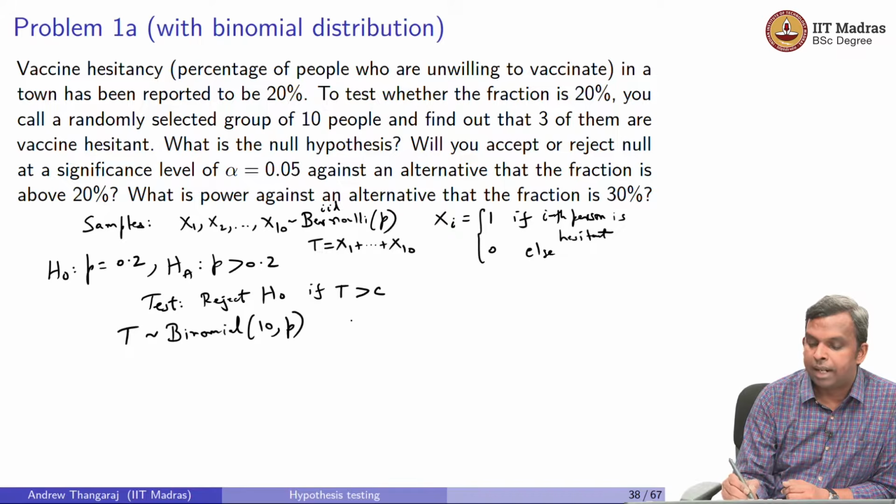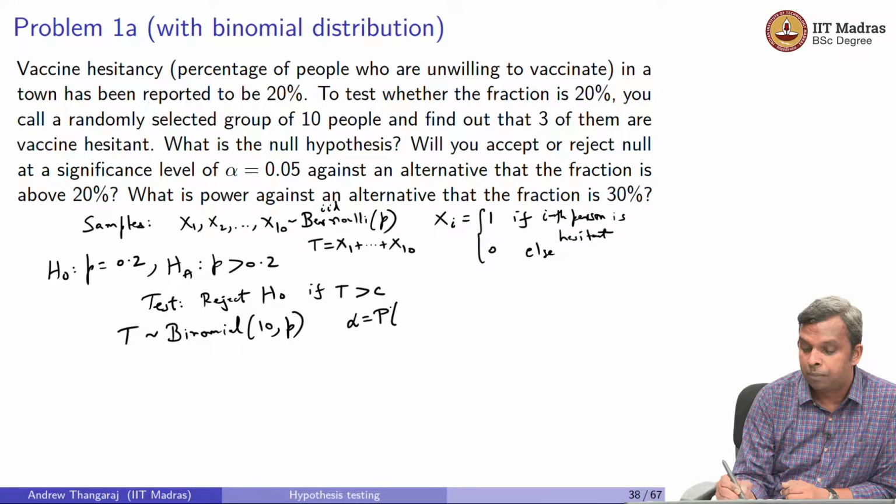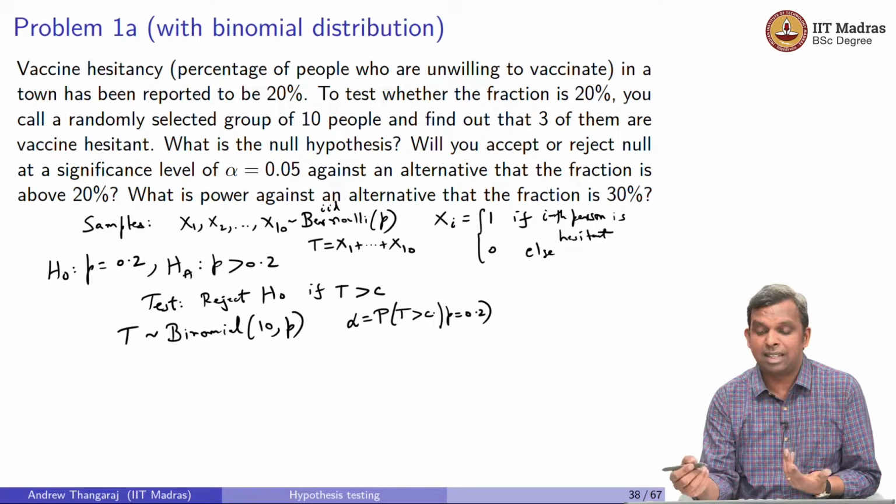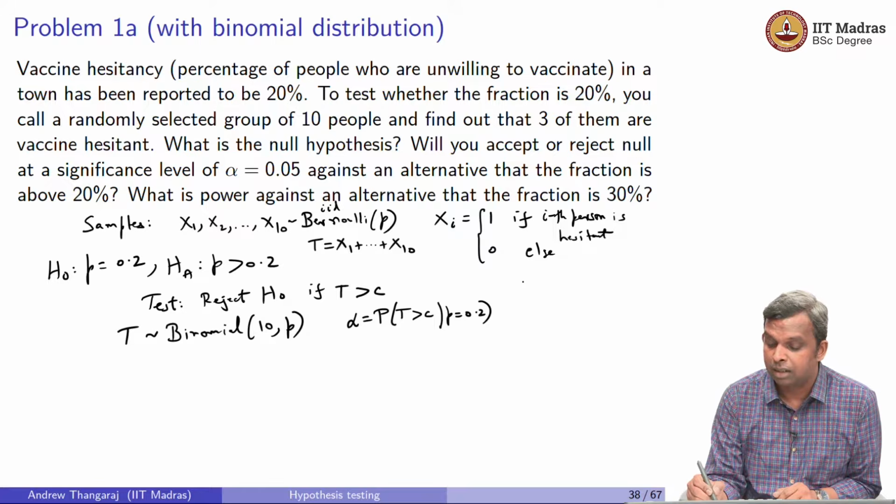Let's go ahead and see what the formula for alpha will work out to be. Alpha will be the probability that this binomial 10 comma p is greater than c, given p equals 0.2. Notice this ends up being discrete. It's not a continuous type distribution, so you have to make a table.